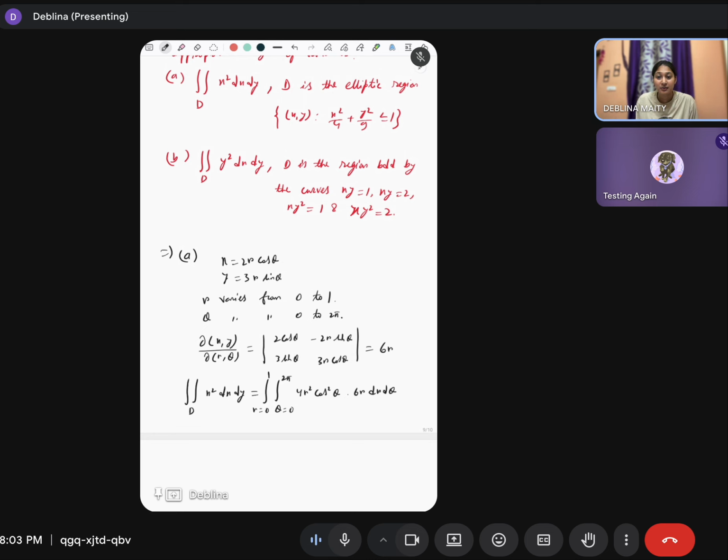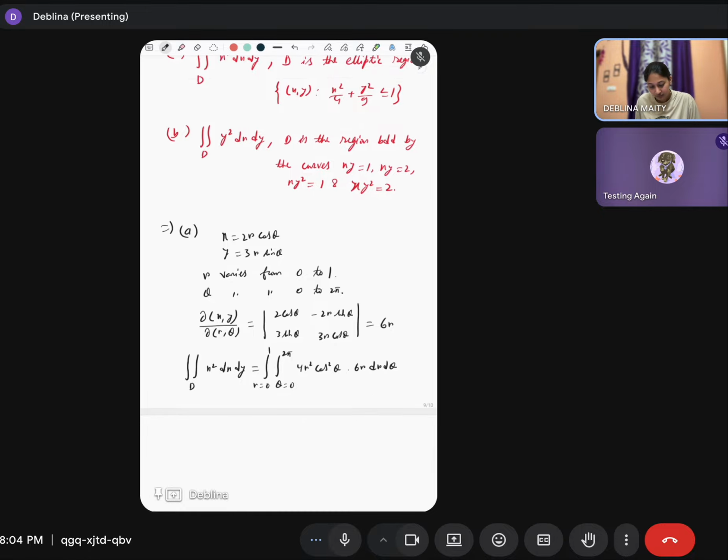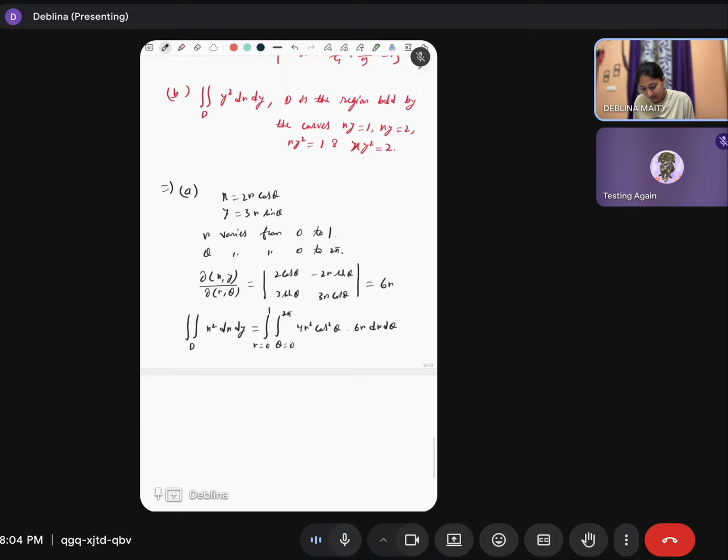For a circle it would become r dr d theta, because the Jacobian would be r. So if we quickly solve it, it becomes an integral of cos square theta d theta, which will give 6 pi. Just check the calculation, okay?